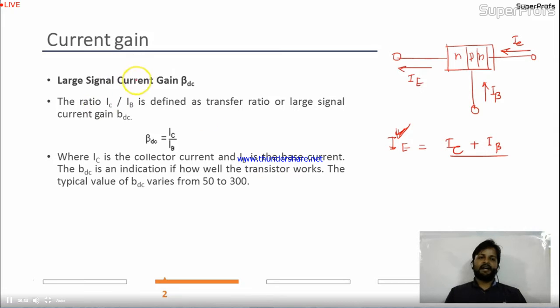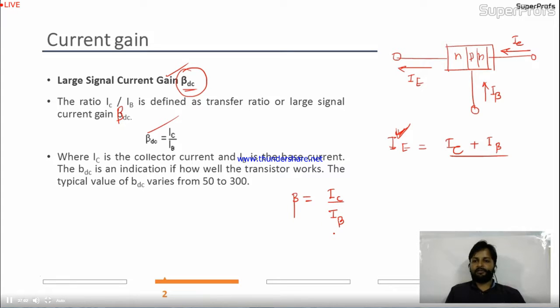There is one large signal current gain also. We call it the beta DC in the transistor, and beta DC is given by the ratio of IC by IB. It is defined as the transfer ratio, or large signal ratio, or current gain, that is beta DC. So beta is IC by IB.